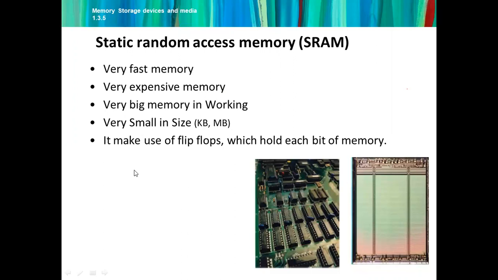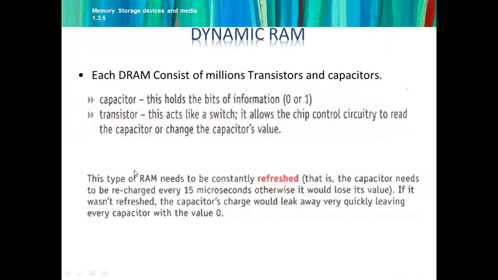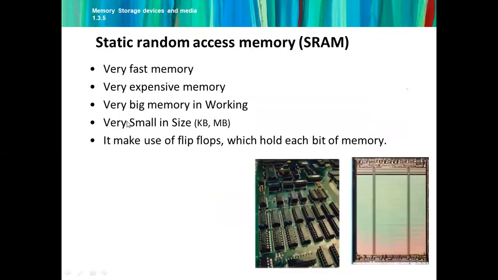As you can notice in our previous slides, the DRAM holds data in a capacitor with the help of transistors. Here, we are using flip-flops to hold a bit of memory inside the data.